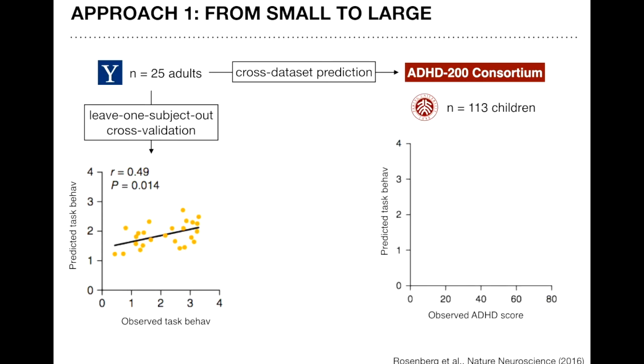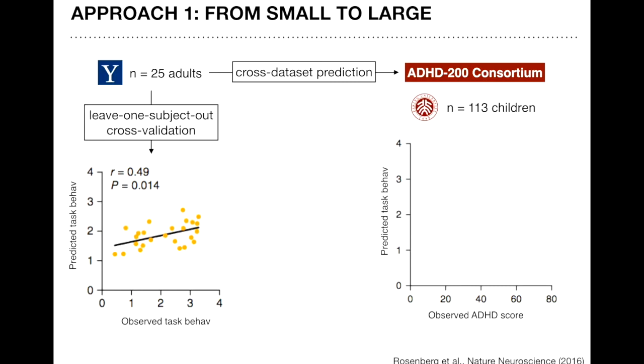And so when we tried running the model that we developed on the Yale adults to these children from Beijing, and I should say here that what we're predicting here, we didn't actually have the children do the City Mountain task. Instead, our measure of attention was this ADHD rating scale, where higher scores indicate more severe symptoms of attention deficit hyperactivity disorder. So that was our score for the kids, and we had their resting state data.